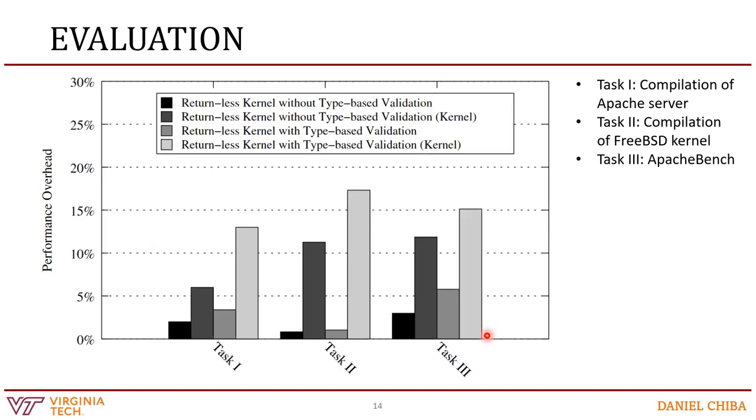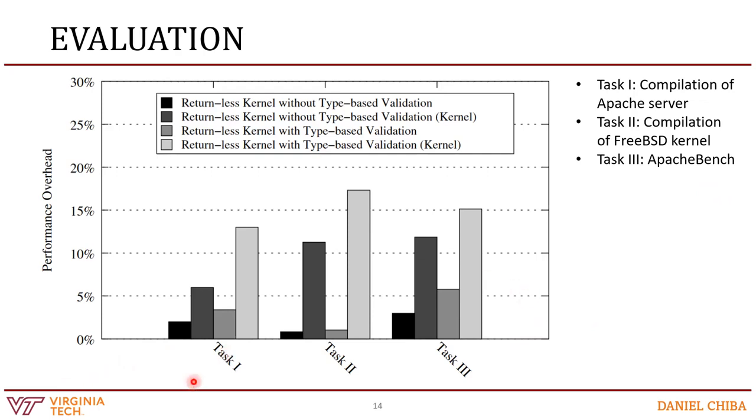As for performance, they had a total of 4 tasks, 3 of which are shown in this particular graph. And they plotted the performance overhead.